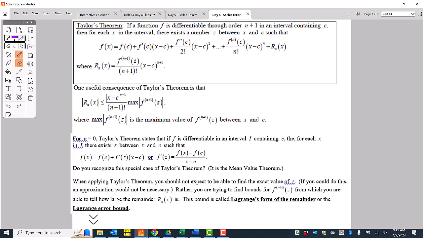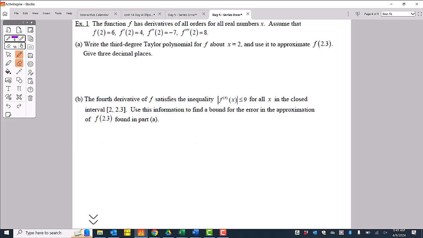Now, a consequence of that is we can find an error bound even if a series is not alternating or decreasing, as long as we can find the max of the next derivative, where that max is only between x and the center.